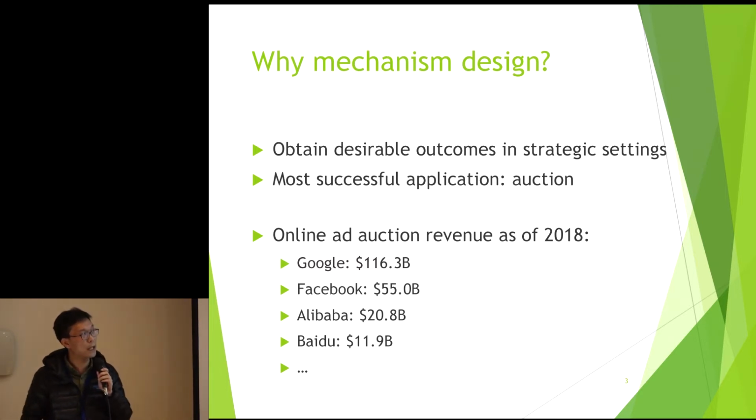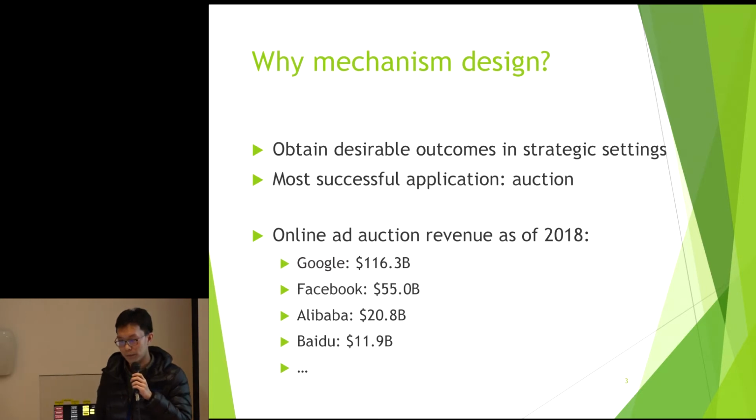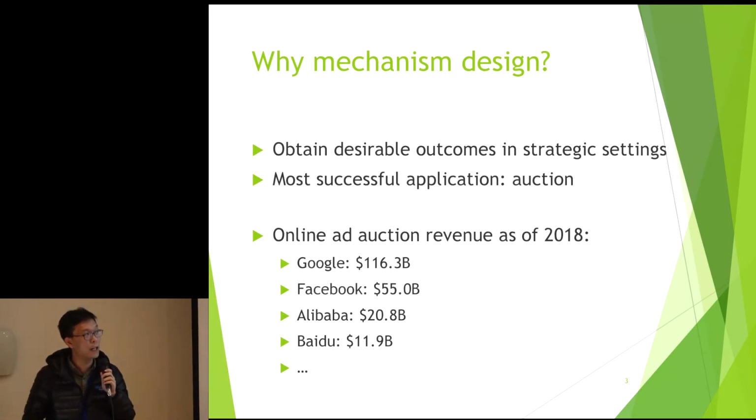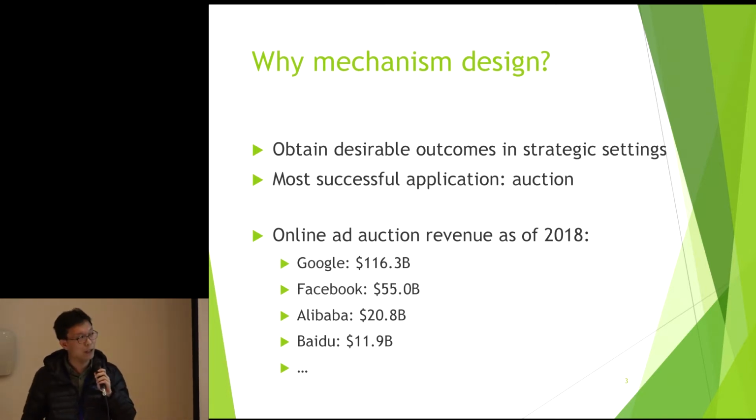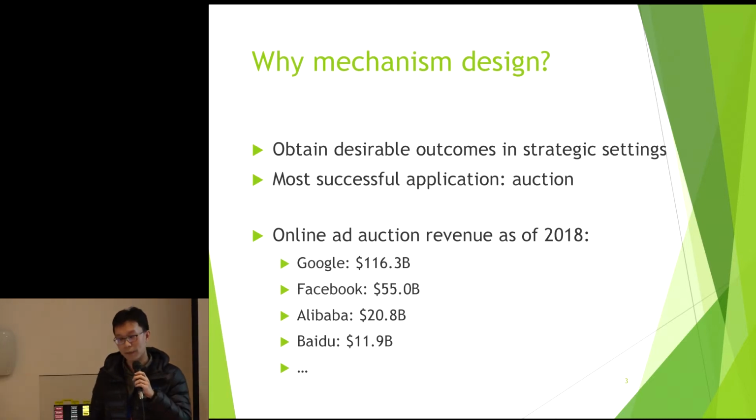For example, the online ad auction industry. Here I've listed some of the major online ad auction platforms and the revenue of the last year. You can see that this is a very large industry and it's still rapidly growing.